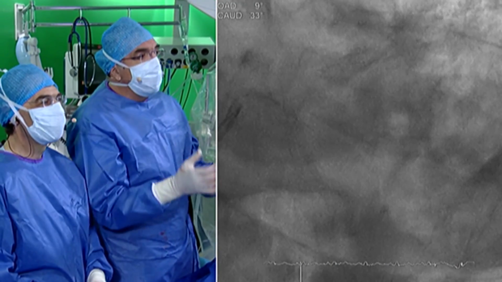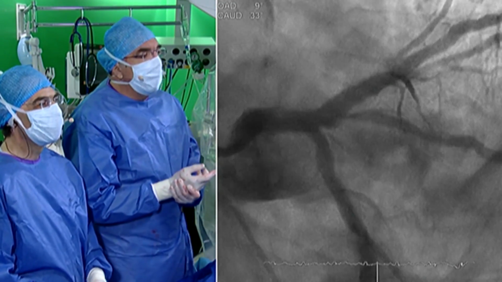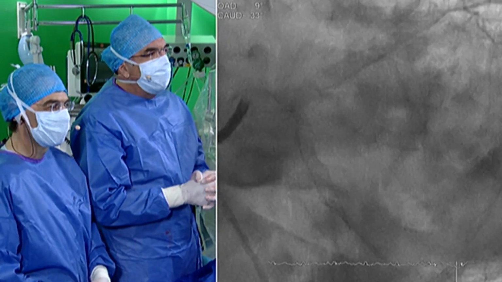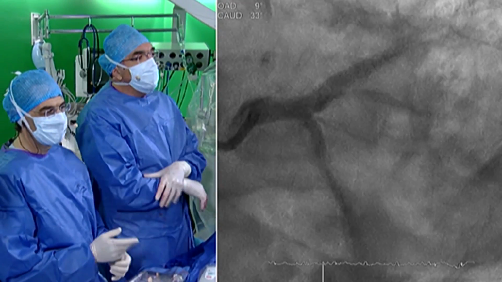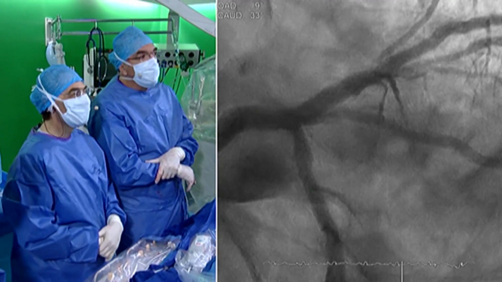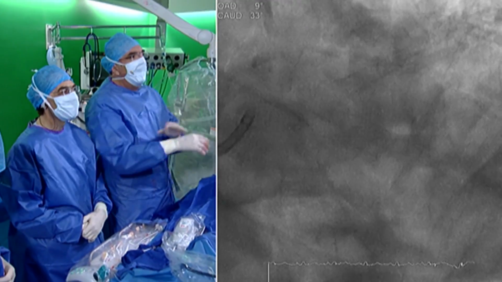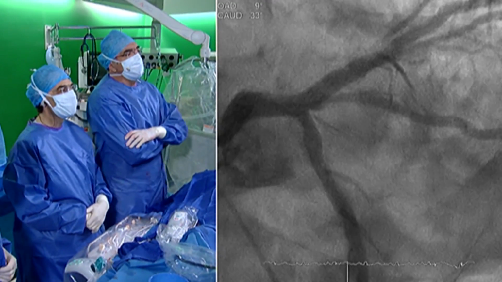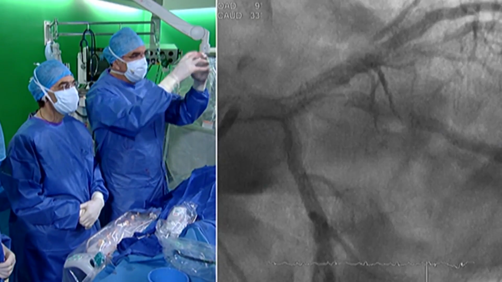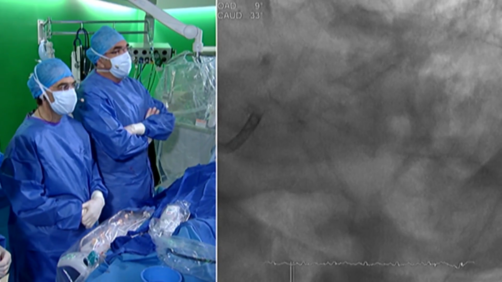And we use the TAP technique because we consider, all of us here, that a two-stent strategy was better in this particular patient than a single-stent strategy because of the disease of the coronary arteries and the diffuse calcification.